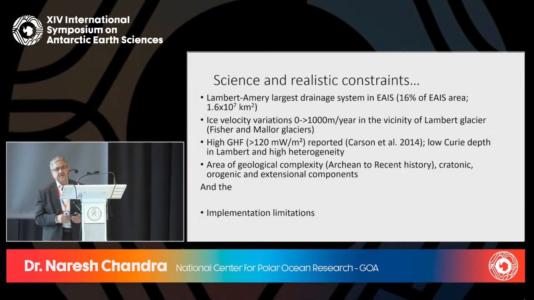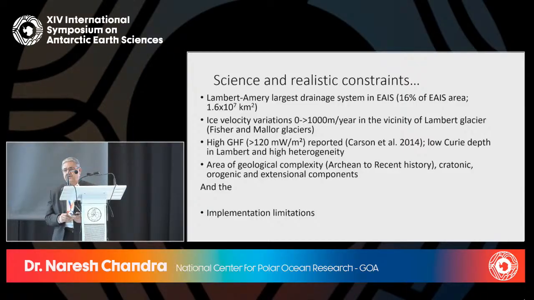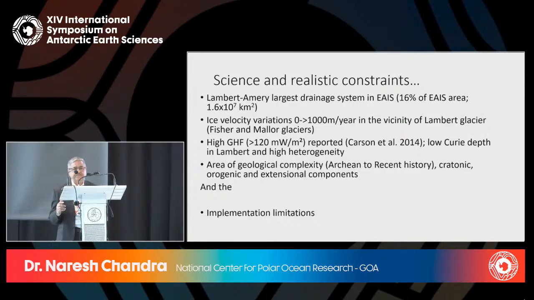We see that yesterday, also in the first presentation, we looked at some of the areas here. But it is very important because it is an important part of the basin, the Amery-Lambert Basin, and it is 16% of that basin.